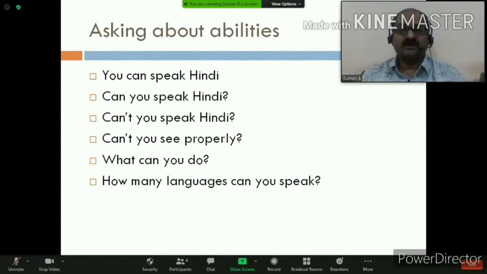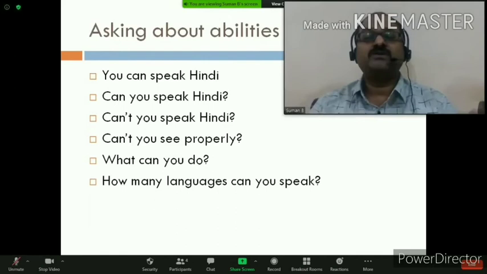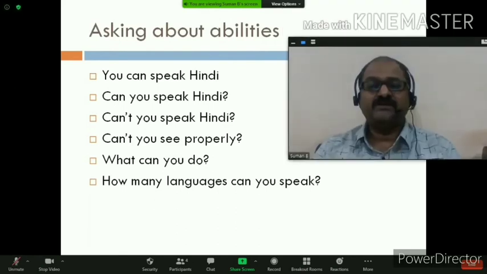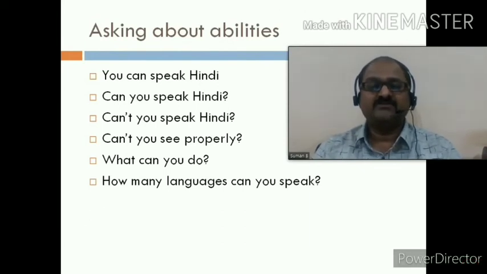When you want to convert this into a question, all you have to do is bring the modal auxiliary to the front. Can you? Can I? Can they? This is how you can frame a simple yes or no question and ask somebody, can you speak Hindi? Can you cook? Can you drive? etc.